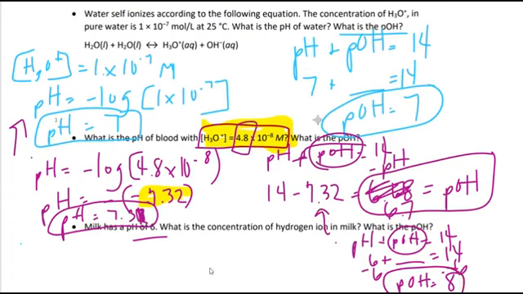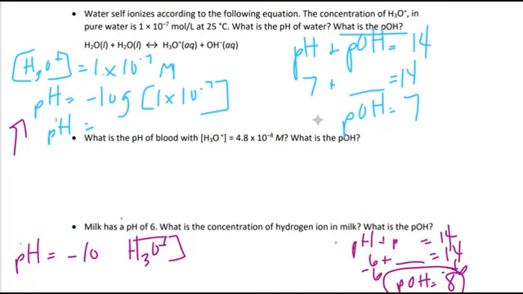Now, finding the concentration, if I know the pH, is a little bit trickier. This is what we would need to find, right? We know that pH is equal to the opposite log of the concentration of H3O plus.